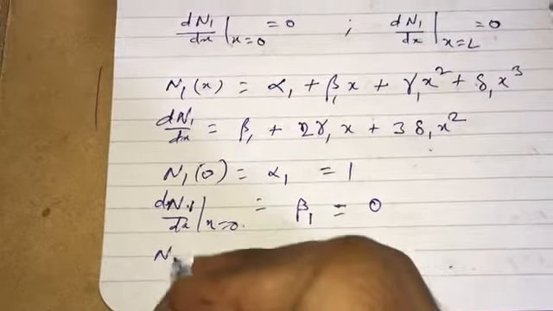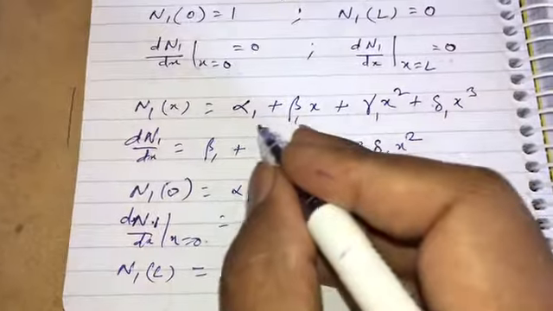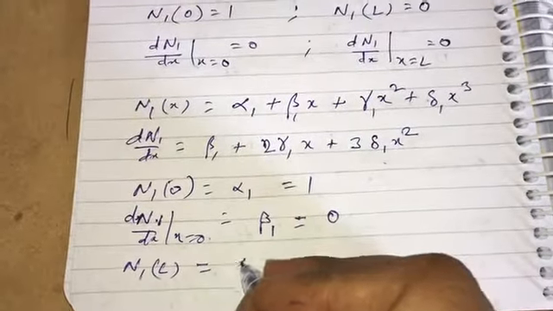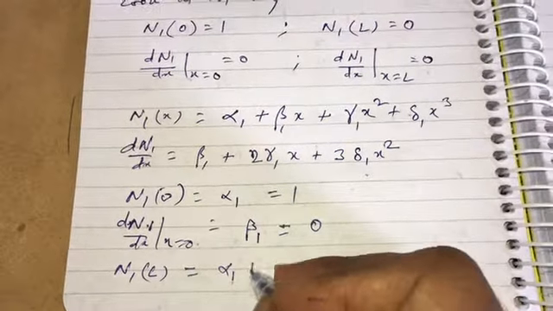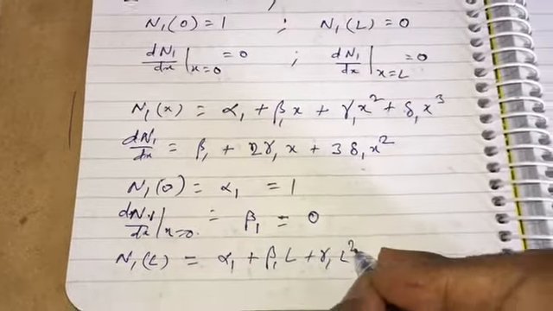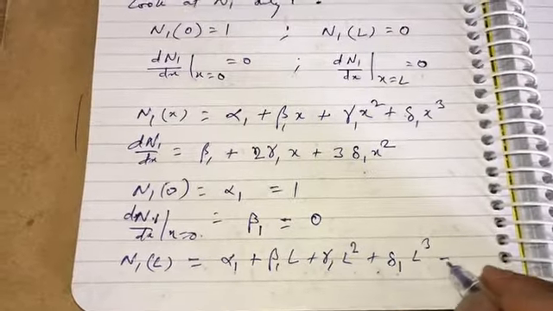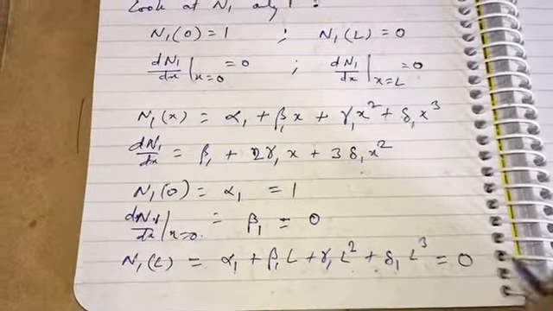Similarly N1 at L is alpha 1 plus beta 1 L plus gamma 1 L square plus delta 1 L cube, and that is equal to 0.